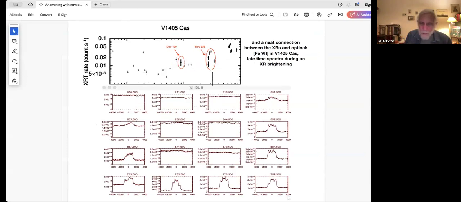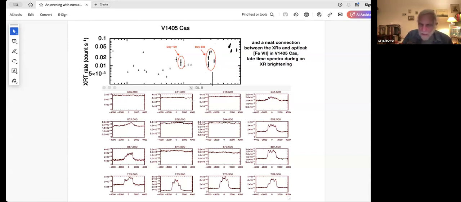Most of them are upper limits. These are detections, and this peak here is a detection. This is the connection. The line that I'm showing is iron 7. Its ionization energy is like 90 volts. So to see this requires that there be a super soft source.